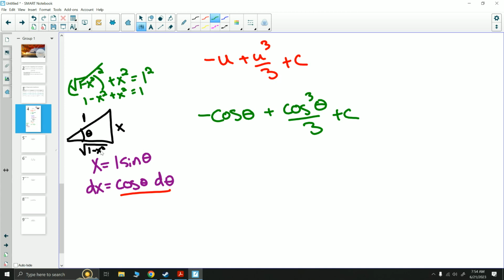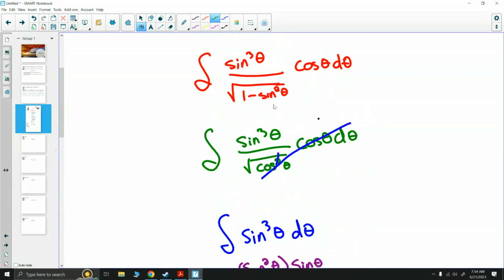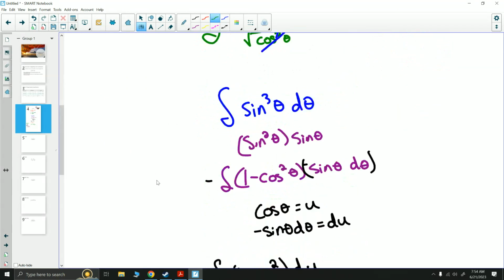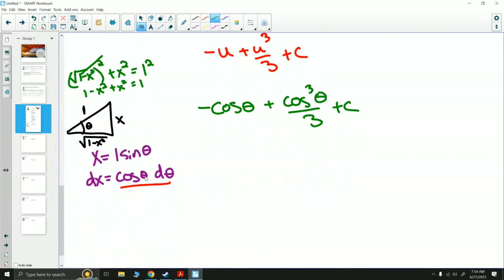That other one's just going to be the one that you use for your substitution. That's honestly where that substitution comes from. So anyway, we have this thing. What's cosine of theta? Well, sine of theta was x over 1, but cosine of theta is adjacent over hypotenuse.